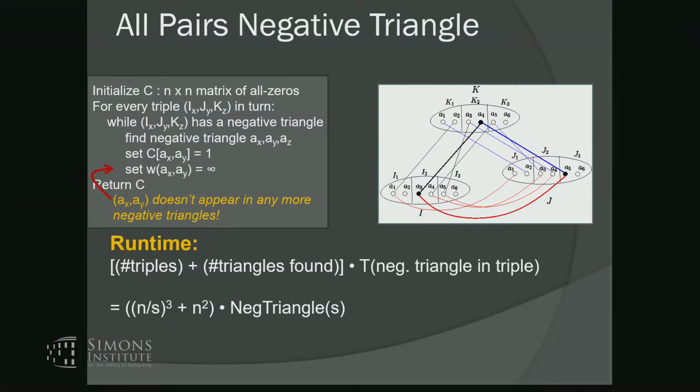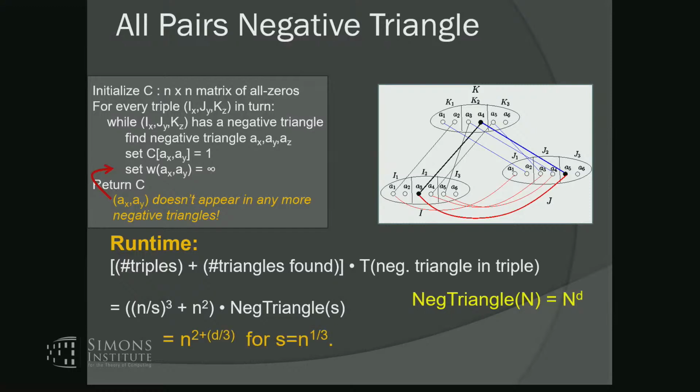Okay, so now we can do some parameter balancing. The number of triples is (n/s)^3. The number of triangles is at most n^2, because it's all pairs negative triangle, so there are at most n^2 pairs. So let's suppose negative triangle is in time N^d, where N is the number of vertices in the graph.